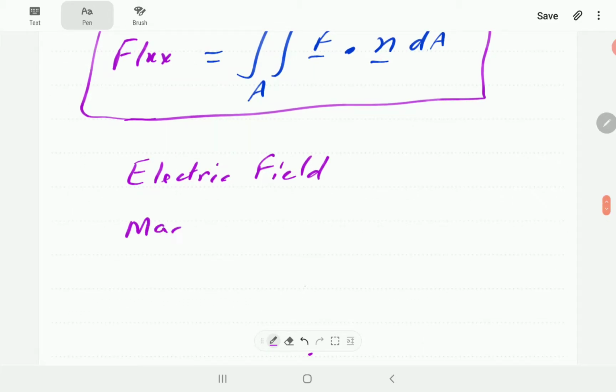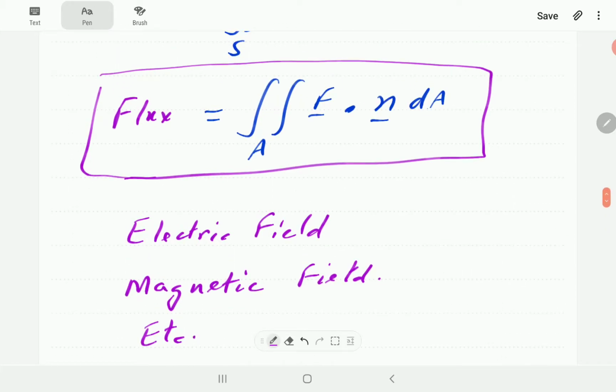We could be interested in the flux of a magnetic field, etc. Okay, so that is the qualitative introduction to what flux is. In the next video, we're going to look at some numerical examples: given a vector function and given a surface, we're going to see how to calculate the flux of the vector field through the surface.